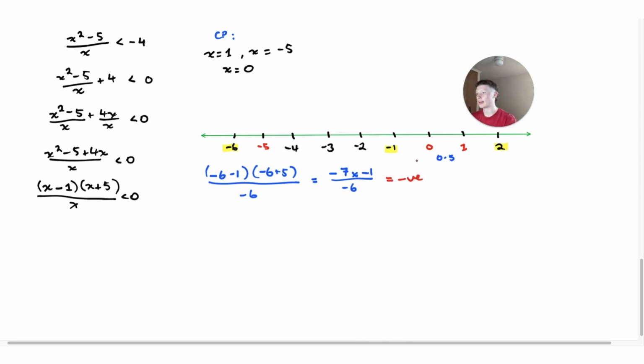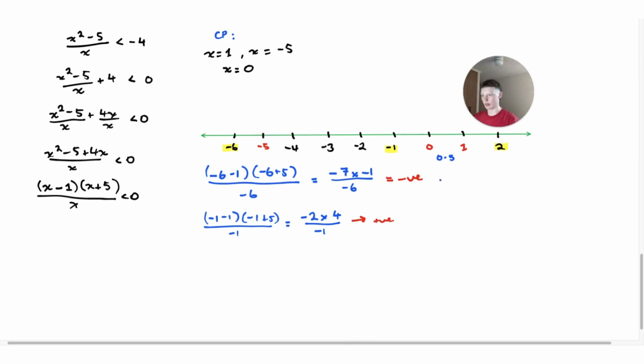When we look at -1, it's going to be -1 minus 1 times -1 plus 5 over -1. That equals -2 times 4 over -1. We've got a negative on the top, a negative on the bottom. That will be a positive solution.